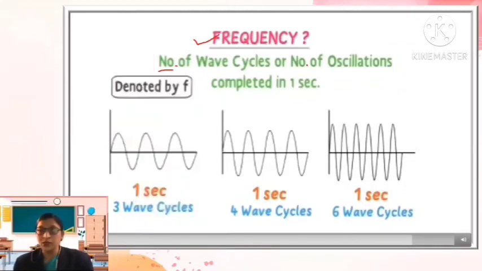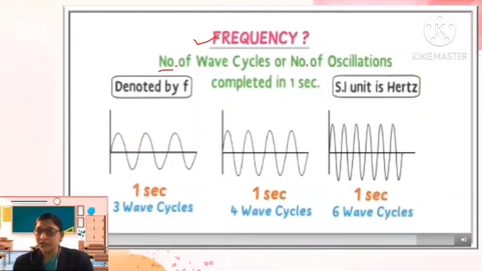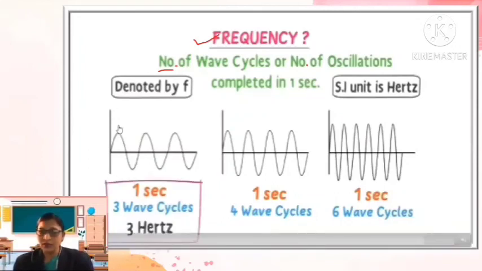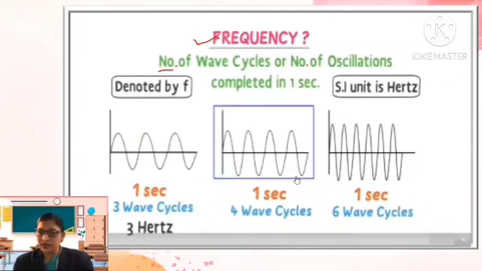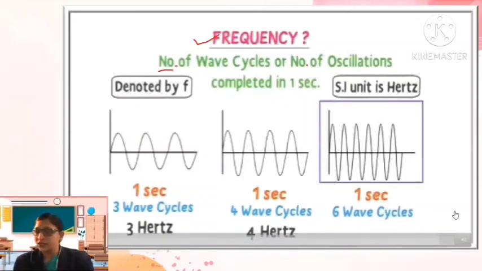It is denoted by the small letter f and its SI unit is hertz. So the frequency of the sound wave over here is 3 hertz. In the second case, the frequency is 4 hertz. And in the third case, the frequency of this sound wave is 6 hertz.